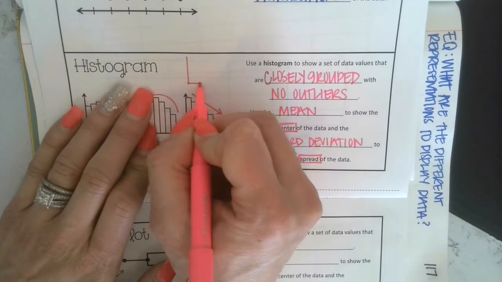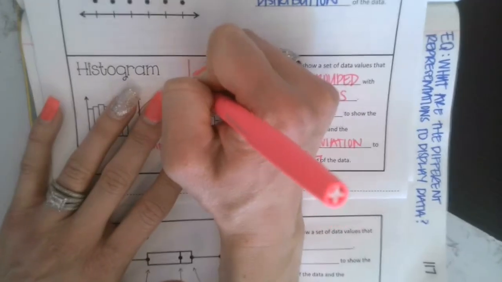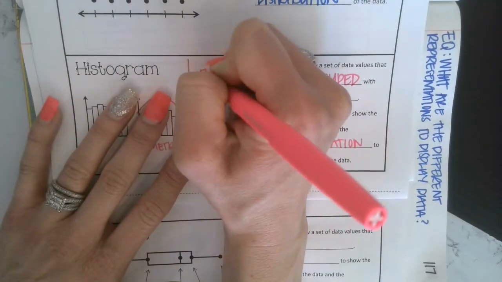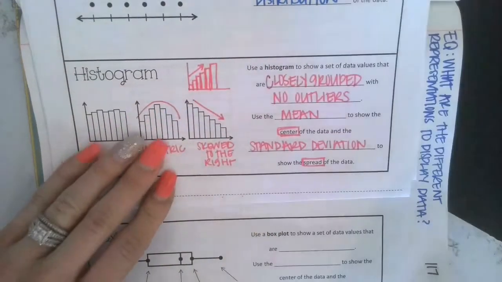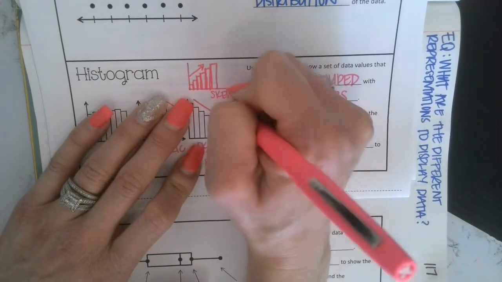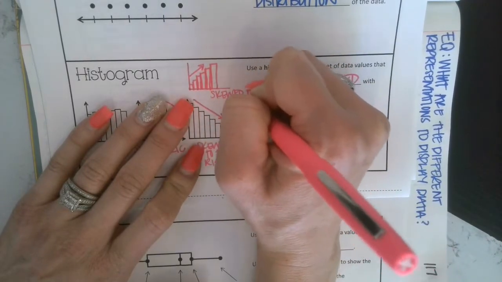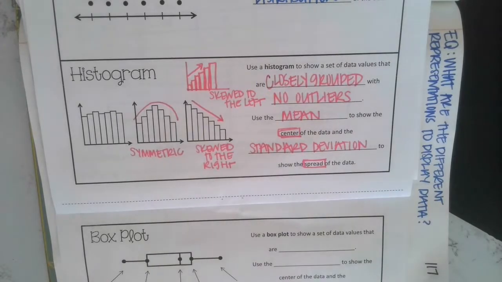This guy is pretty similar, but obviously it's going to be going stairs going up. So we're going this way, okay, and this one is skewed to the left. So you're going to need to know that when it comes time for like envision stuff, this skewing, and it has to do with the distribution of the data, okay?